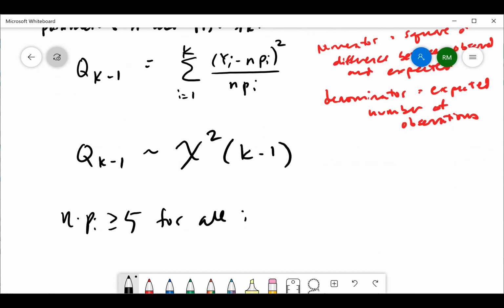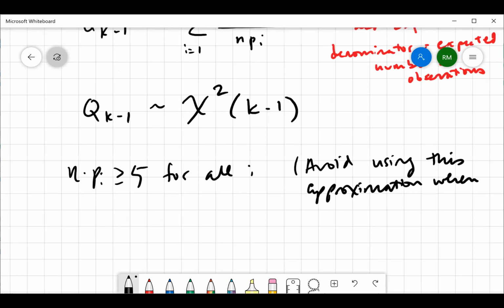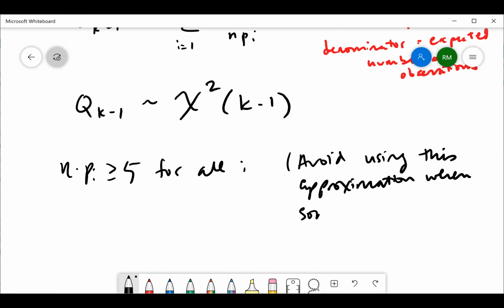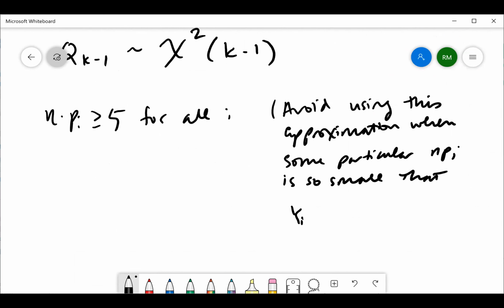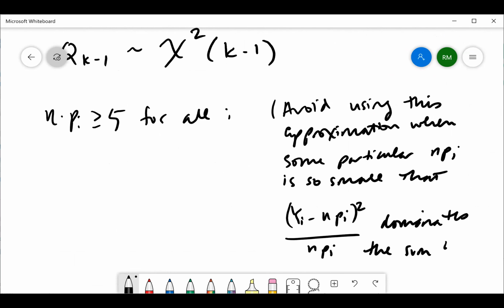The thing you want to worry about is you want to avoid using this approximation when some particular npi is so small that the expression dominates the sum for Q k minus 1. And we'll have an example of that later where that is the case.